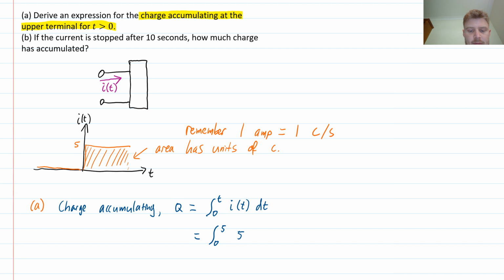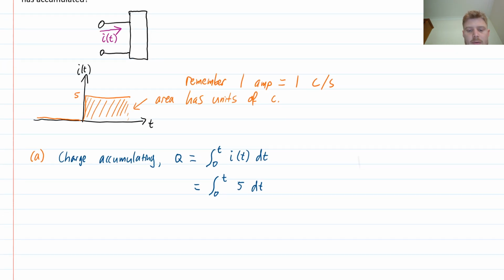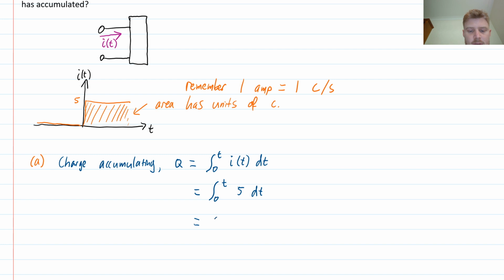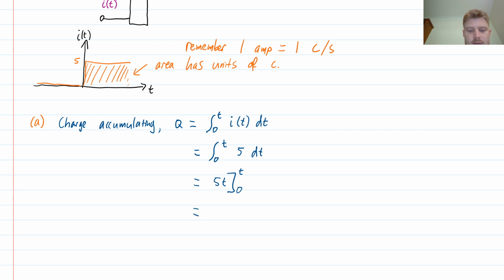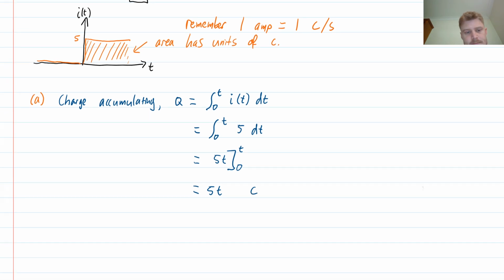So the upper limit of that integral should be t. So we have the integral from 0 to t of just 5, which will be, of course, 5t taken over these limits 0 to t. So we will just get 5t as the answer, and that will be in units of coulombs.